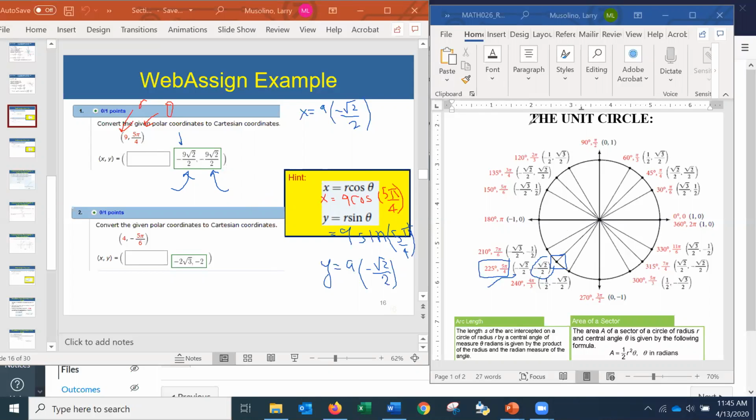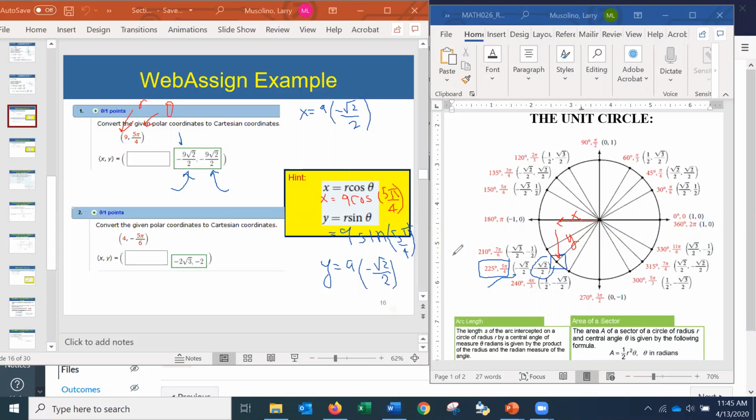So if I'm in the third quadrant, it makes sense that to get to that point in an xy manner, I'd have to go to the left for x and go down for y. Of course, going to the left for x means a negative x. Going down for y means a negative y.